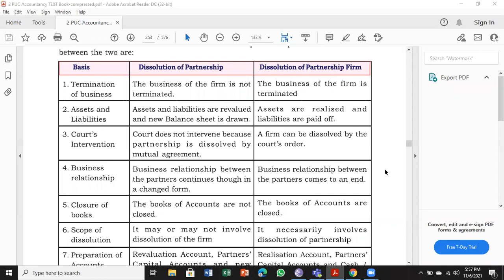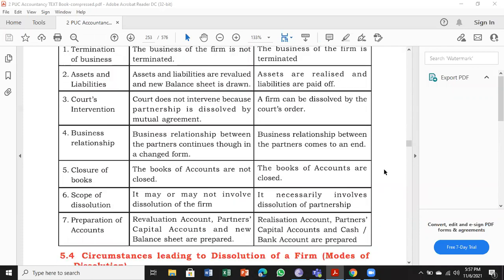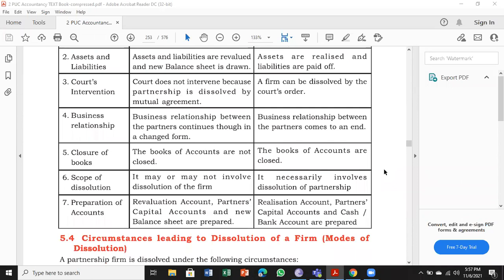We'll discuss that further. Point number 4, business relationship. As I told, in the first case, admission, retirement, or a death, the relationship will continue. One partner may go, one partner may come.